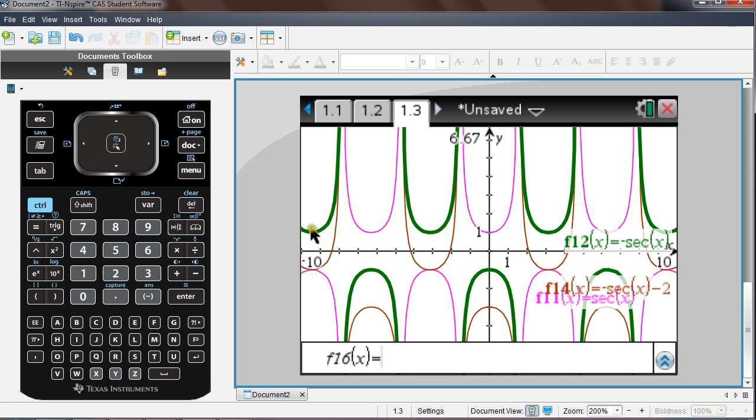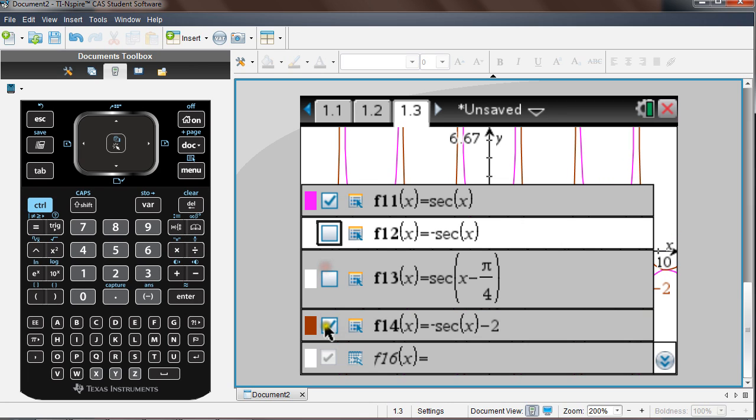Sure enough, there's that green graph, which was the pink one upside down. 1, 2. 1, 2. Even down here. 1, 2. Start from there. 1, 2. So the brown graph is just the green graph with everything moved down 2 points. Turn those two off.